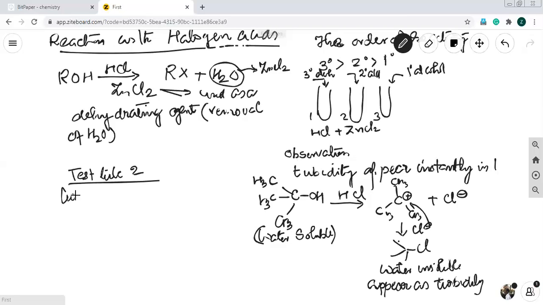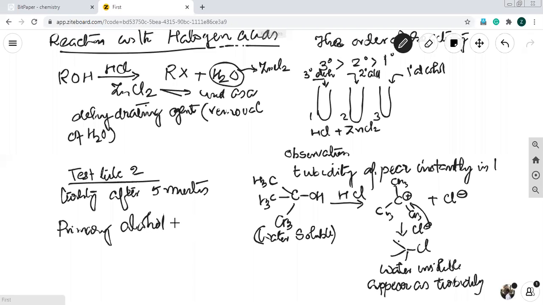And in the case of primary alcohol, that is test tube number 3, no turbidity at all.